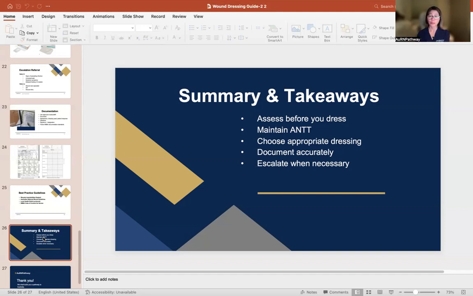Now, in summary, make sure that you are assessing the wound before you dress, given that you can't really give an update on the patient's wound unless you cleanse it, right? Usually there's going to be debris in there, dead skin cells, oozing, and it's very hard to assess.